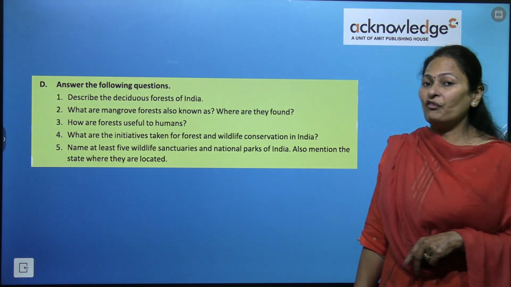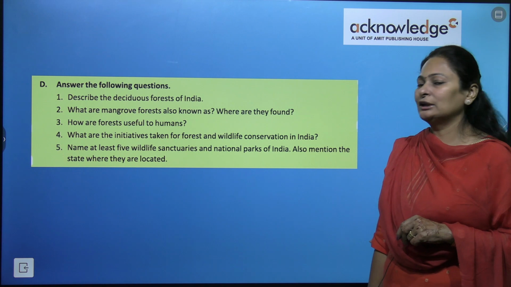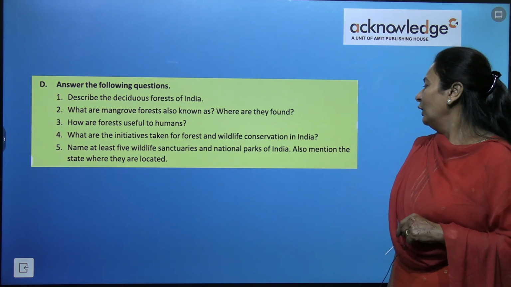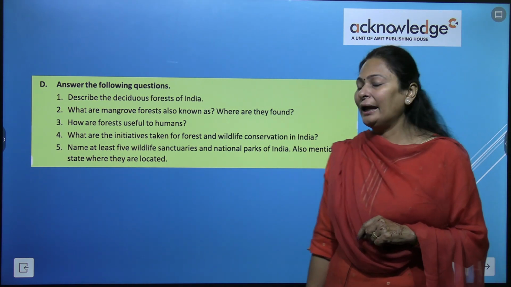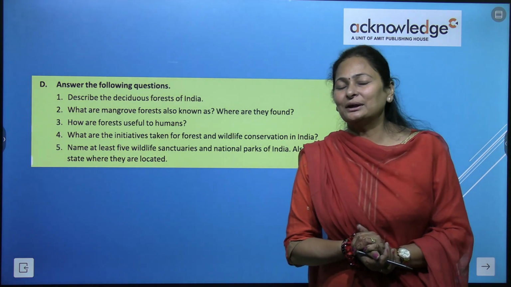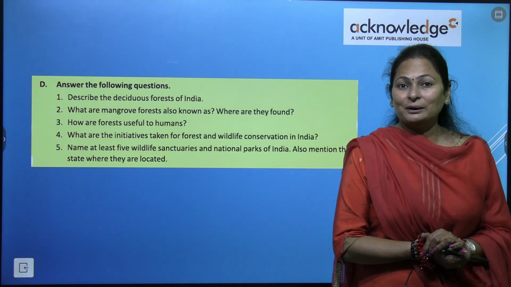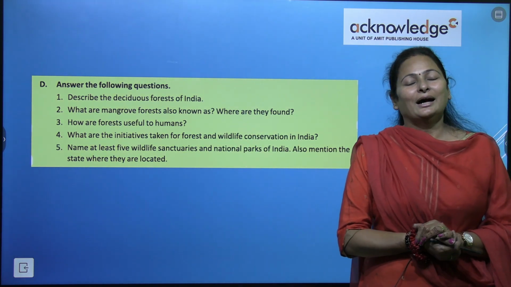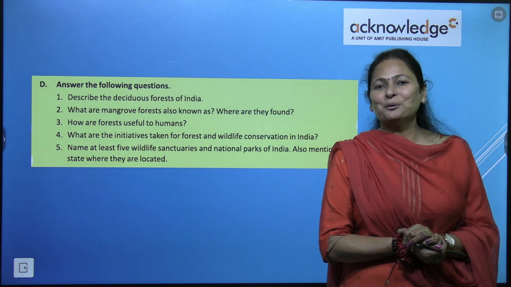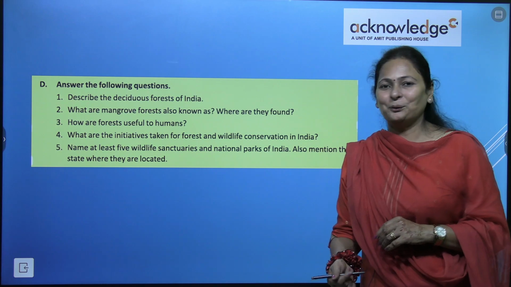Name at least five wildlife sanctuaries and national parks of India. Also mention the state where they are located. Kids, we have already done these questions while explaining the chapter, right? I would appreciate it if you do them as your homework. So please do on your own.